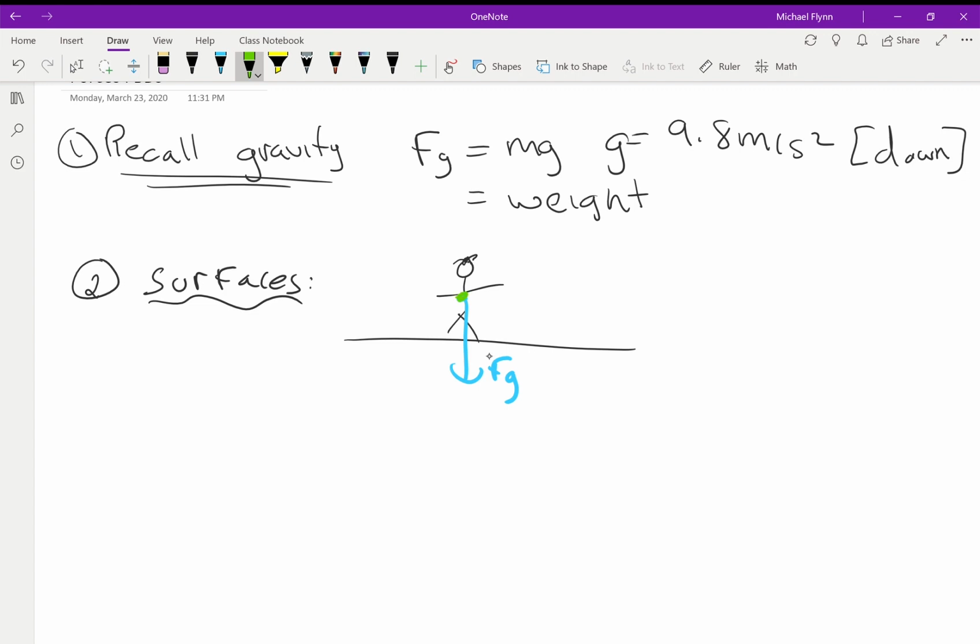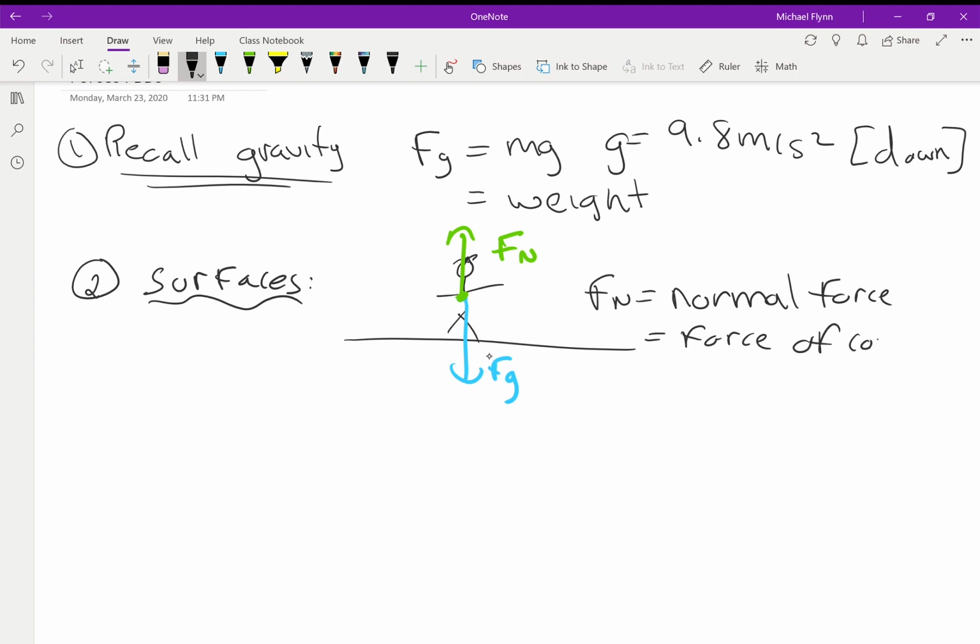The second force is the floor pushing up on him, and we call that a normal force. This Fn is called a normal force, and it's equal to the force of contact with the floor. So we call that a normal force.